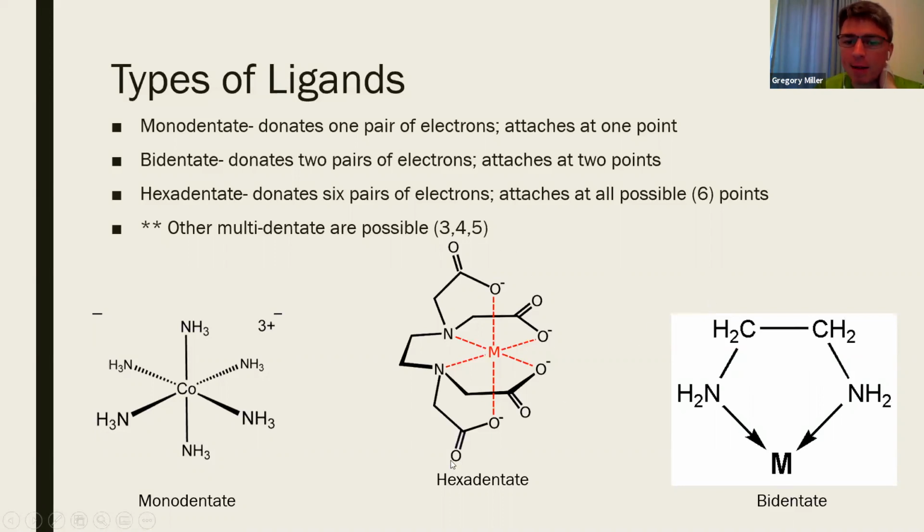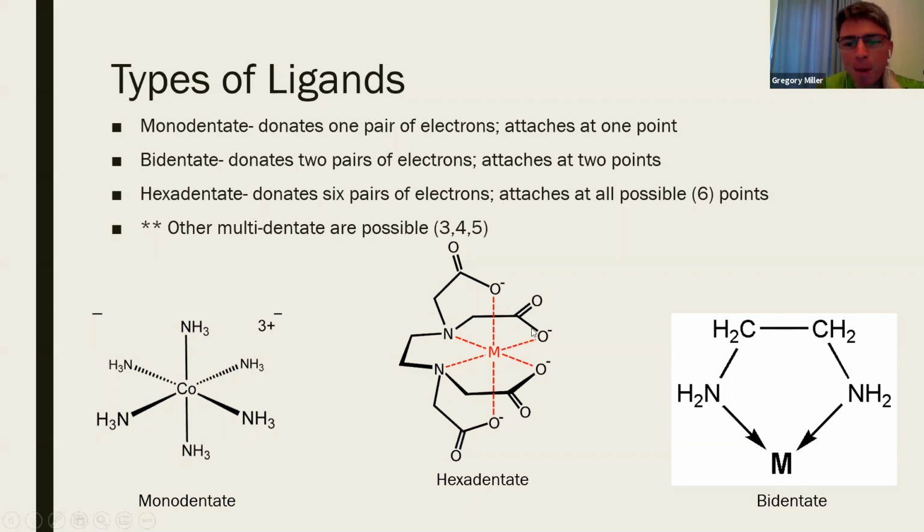So hexadentate, to scale all the way up, is one big giant molecule that wraps all the way around a metal center and attaches at 6 different locations. That is the most locations a ligand can attach to. To tie this back to molecular geometry, it leads to what's called an octahedral geometry.